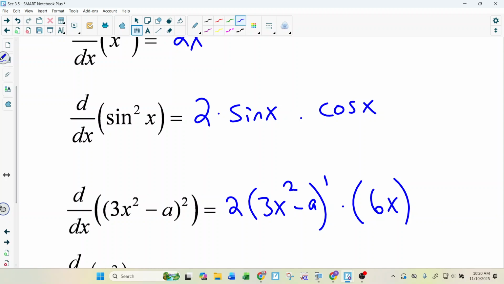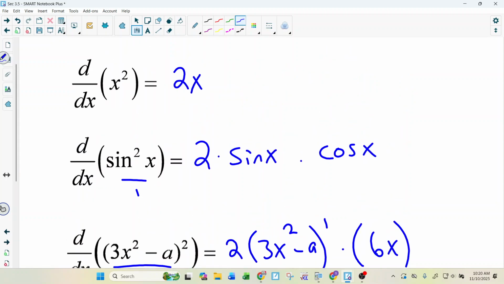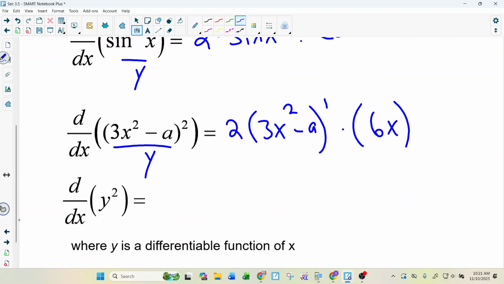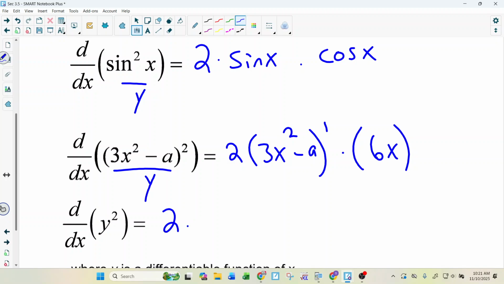So if we have something like this, the derivative of y squared, where y is some function of x. We don't know what it is. Let's say the sine is y. Notice what we do in both of these. We bring down the 2. The y, whatever it is, stays the same, right?